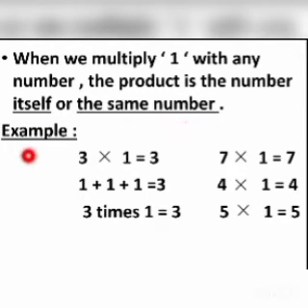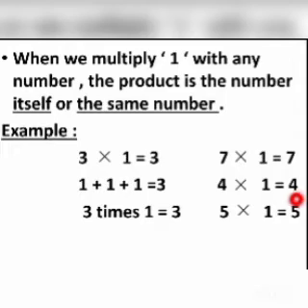For example, 3 ones are 3 or 3 into 1. 1 repeated 3 times. 1 plus 1 plus 1 is equal to 3. Or I can write in a short form 3 times 1 is equal to 3. So, here 7 ones are 7. 4 ones are 4. 5 ones are 5.